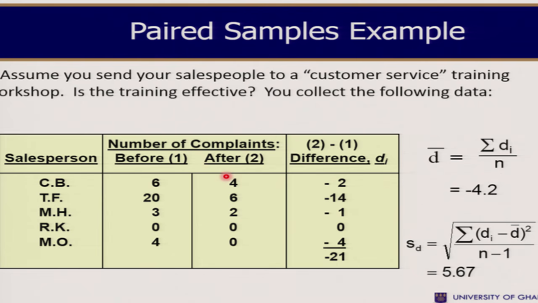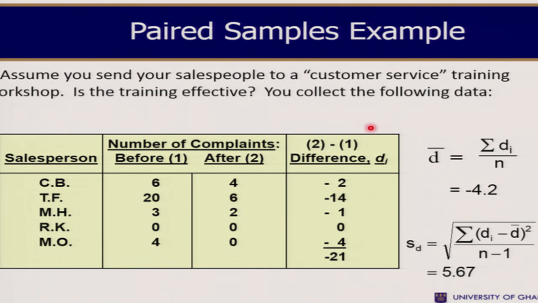Therefore, if we did a difference of after minus before, then we expect that our mu D should be negative, or less than 0. So if the training has been effective, there should be fewer complaints, and hence our mu D should be less than 0.